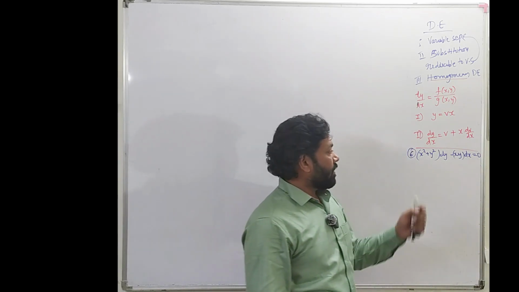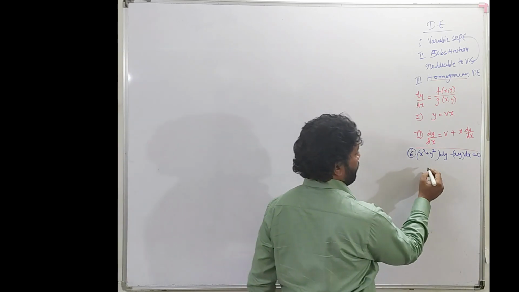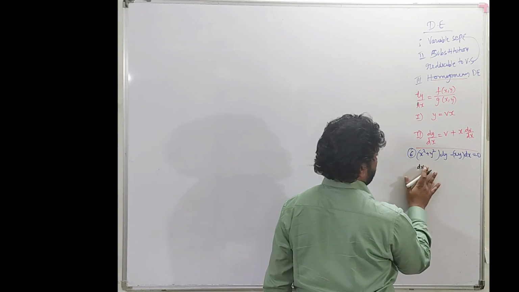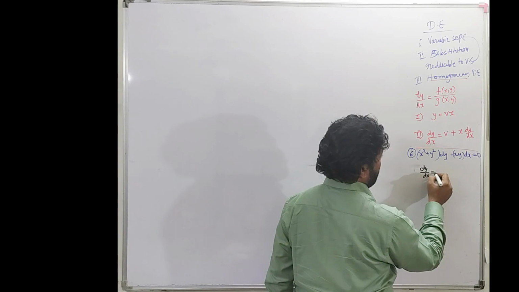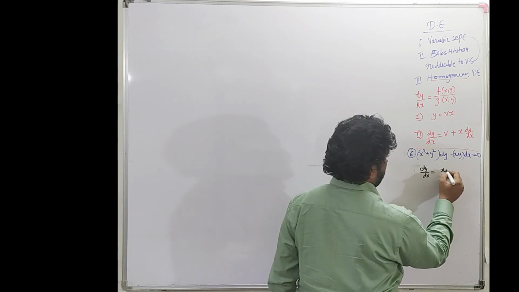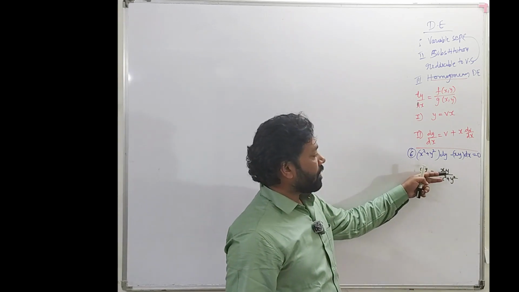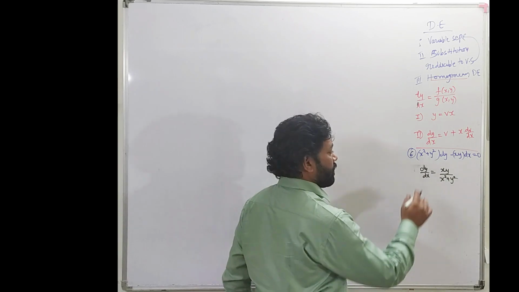So we have this another question. Again, inspecting it clearly, we can rearrange it in the form dy by dx will be equal to xy upon x square plus y square. So clearly you can see two different functions in the format of xy, so it belongs to the homogeneous category.